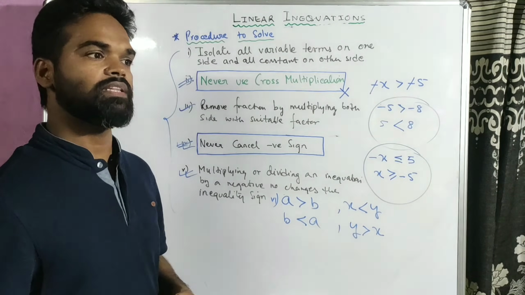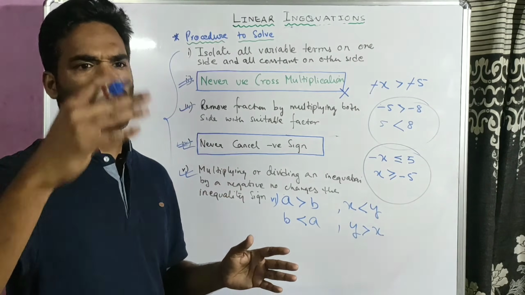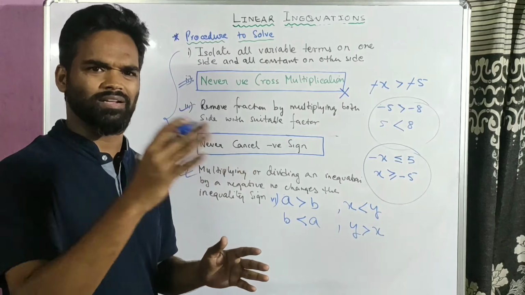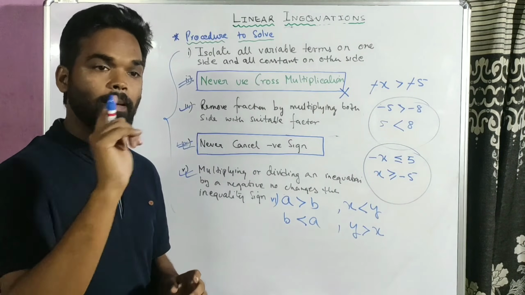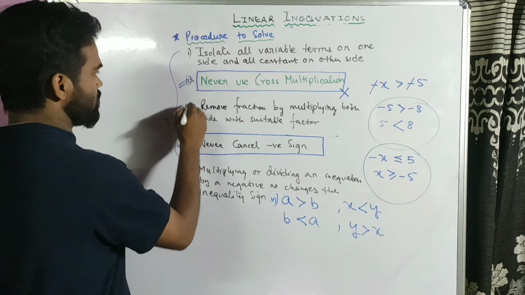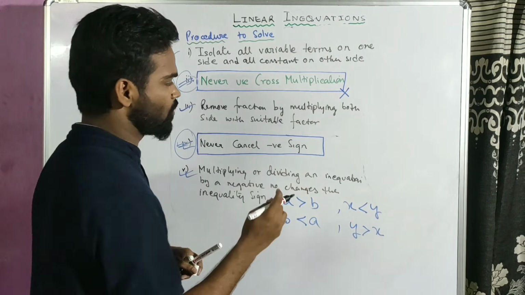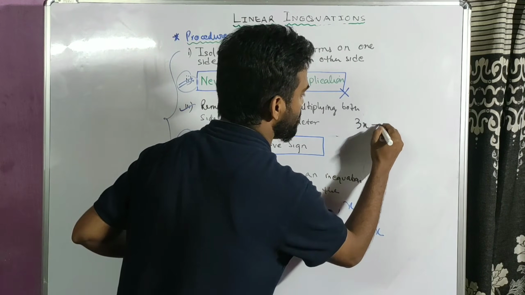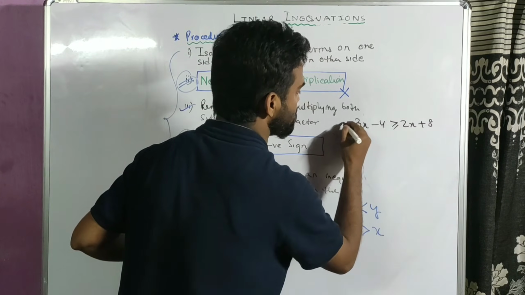Now remember one more thing, that while solving an inequation, we'll use all the properties which we were using in equations. You can transpose, you can change the side. When the side changes, the sign also changes. But remember these few points which I had told. What I mean, look over here. Suppose I take an example, 3x minus 4 greater than or equal to 2x plus 8.